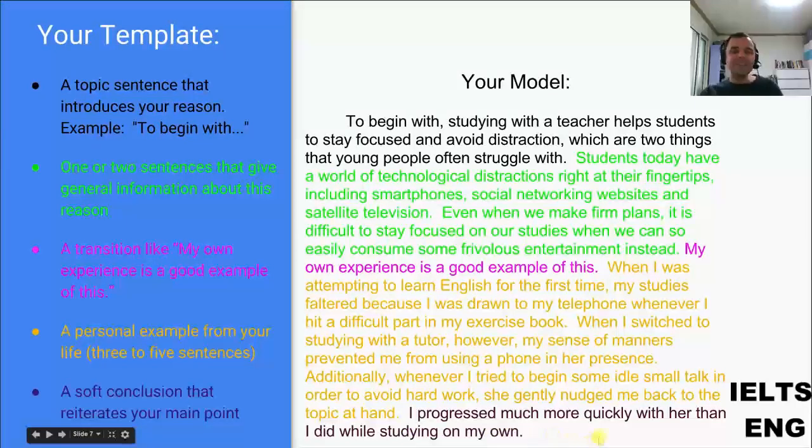It says the same thing, but it's a bit more subtle. I think the key thing for writing a soft conclusion is to keep it within the example, if possible. It's a summary of the example, but it is still within the example.